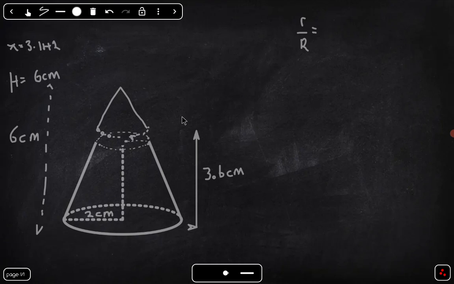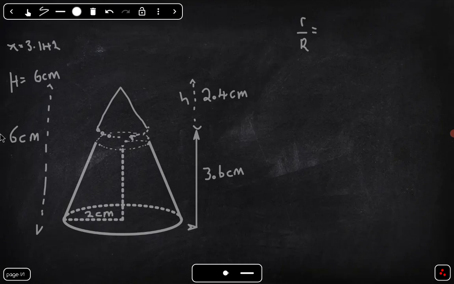Now the height of the smaller cone we don't know, but we can figure it out, because the whole length is 6 centimeters, according to the question. We can figure out the remaining length on top. You just subtract 6 minus 3.6, so here it's 2.4.